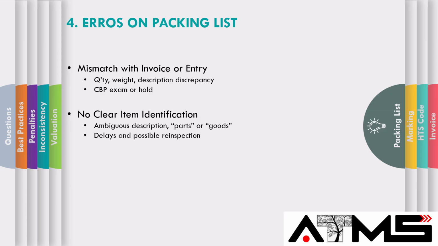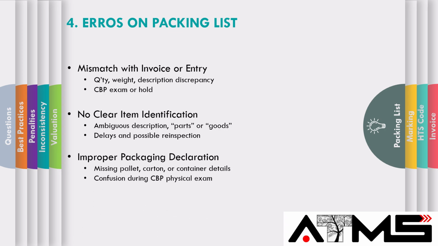Unclear product identification, such as labeling a specific assembly simply as machine part, can prompt CBP reinspection or a request for clarification. Missing packaging unit detail, for example, number of units per box or boxes per pallet, can cause confusion during physical inspections and processing delay.